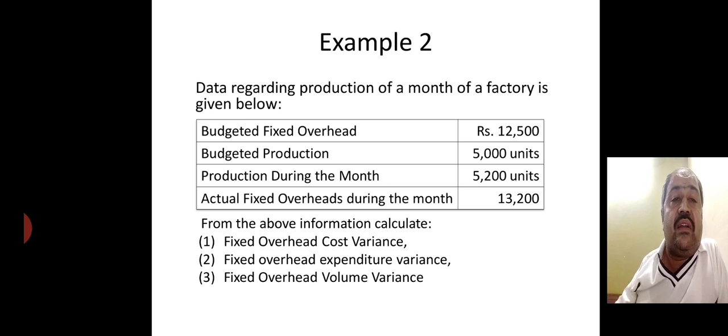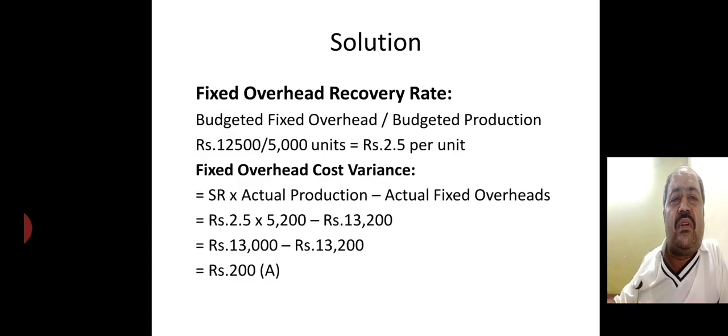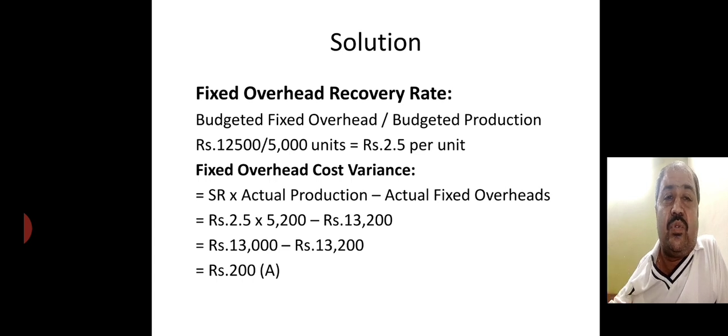Okay, so before that we need to make some calculations, and then after that put the values in the formula and find out the answer. Very simple. So let's see what calculation is required. First calculation, fixed overhead recovery rate. Budgeted fixed overhead is given as 12,500 and budgeted production is given, so 2.5 per unit is the fixed overhead recovery rate, or we can say fixed overhead rate.